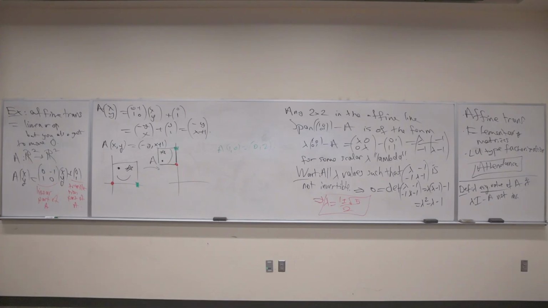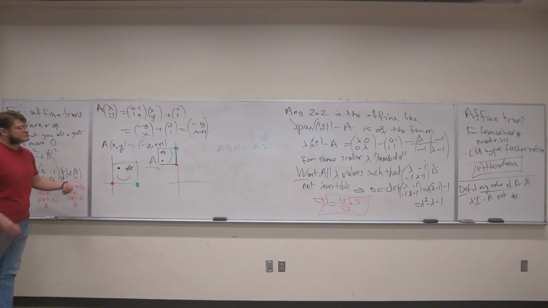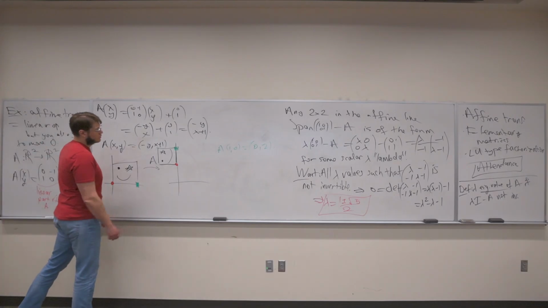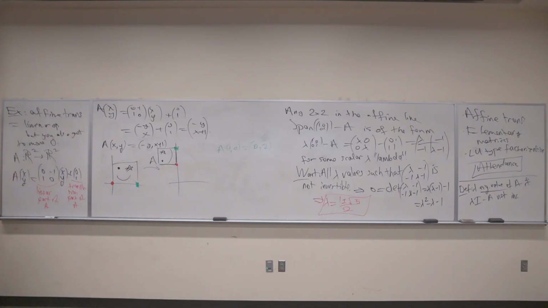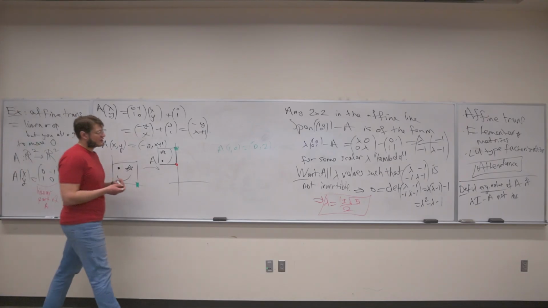So this way you get to combine a linear transformation and a translation to get more complicated functions. It turns out that you can still pretend that affine transformations are linear, but that requires something called homogeneous coordinates. If you're interested in these kinds of things, it's in the textbook under the computer graphics section.